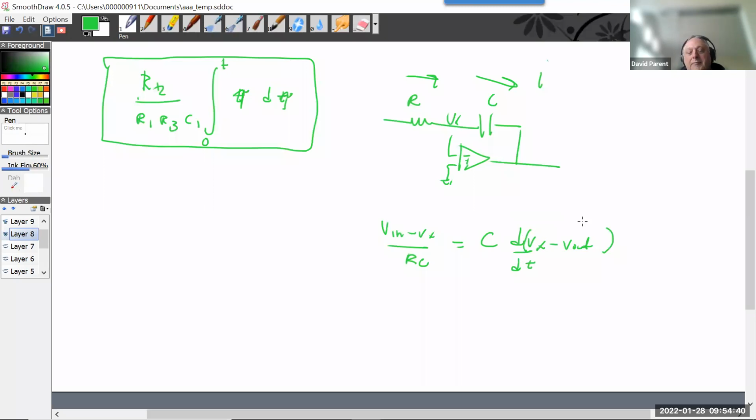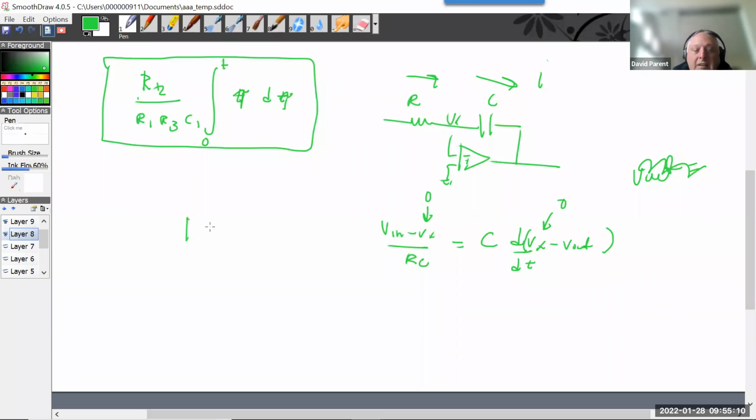And of course, you would remember that Vx was 0 because the op-amp is ideal and all that. So then you have that relationship, and then you just invert it, and then you get the integration from there, okay? So you can do that in the time domain.